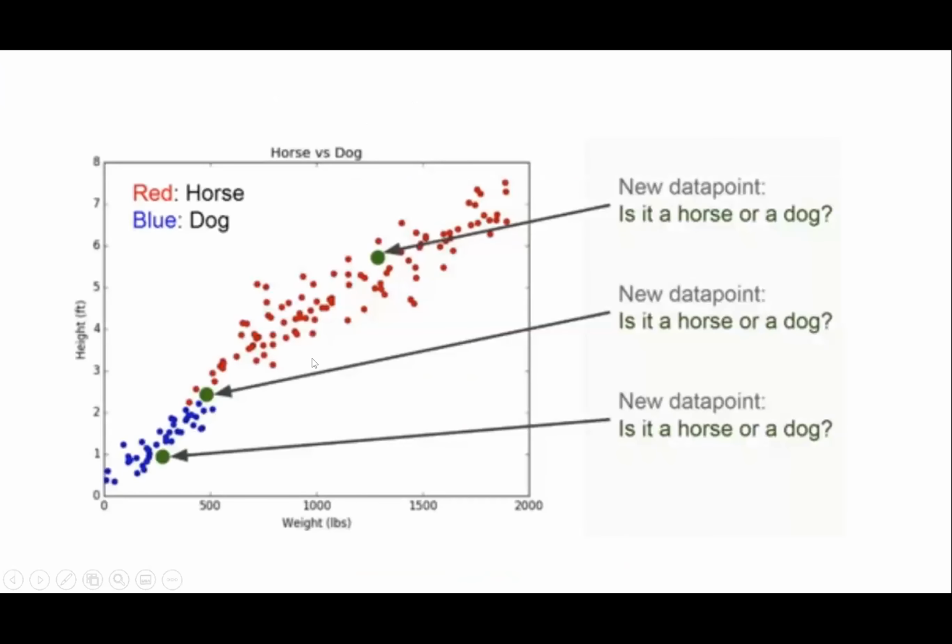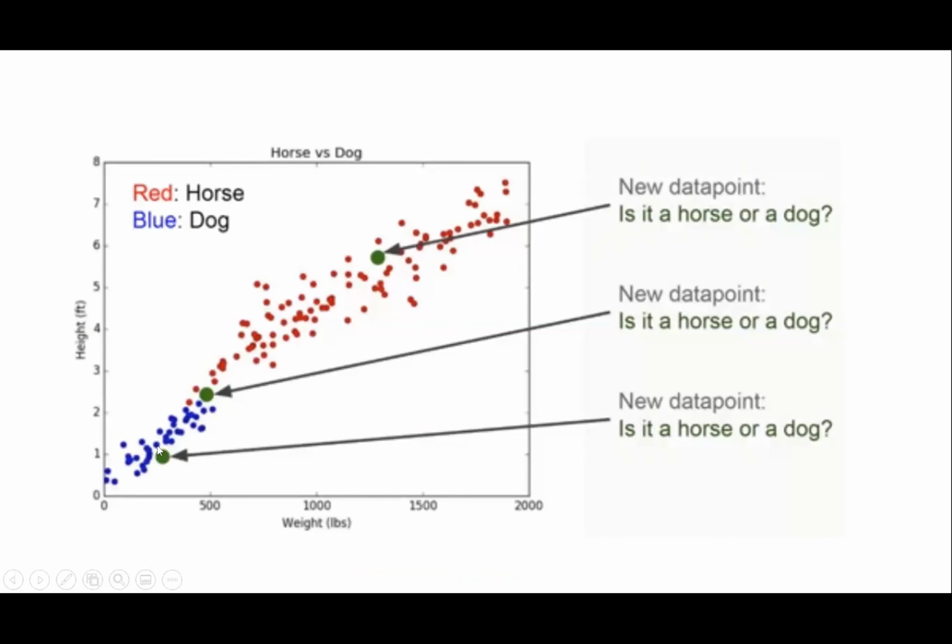So let's take an example again, right? It's the same example. Suppose the red data points are the horses and the blue points are dogs, right? I have these 3 new animals, this green dot, this green dot, and this green dot, and I want to identify in which class I should put them, right? So this point is pretty clear. It is logical to say that this is going to be a horse with a higher probability.